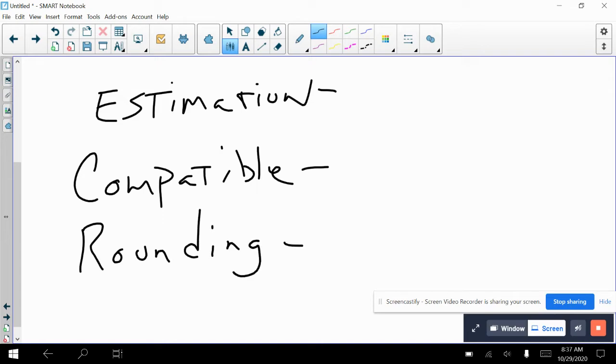Actually, we'll throw in the third there: estimation, compatible, and rounding. You have to get the vocabulary correct in order to do these, because this is the whole lesson right there on the board. Estimation, compatible, and rounding.